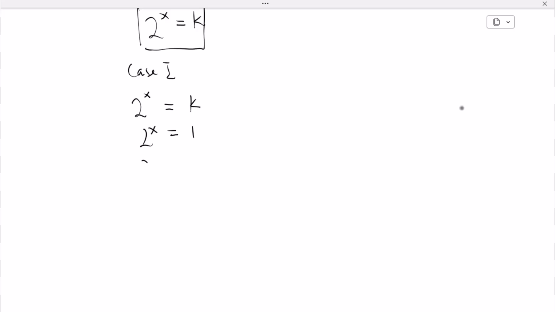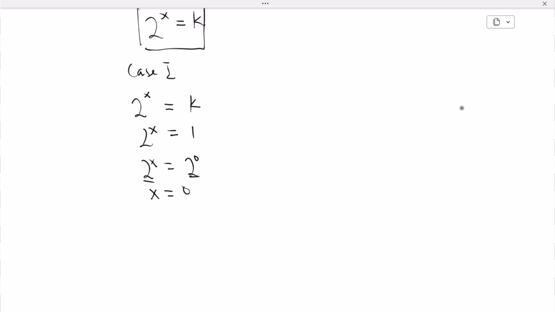So 2 to the power x is equal to, I can rewrite 1 as 2 to the power 0. So obviously I'm going to have x equal to 0. Since the bases are the same, we just equate the exponent. So in the first case, x is given as 0.